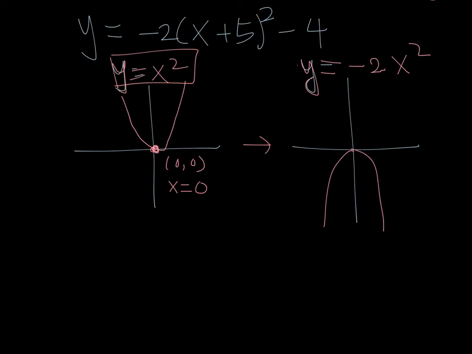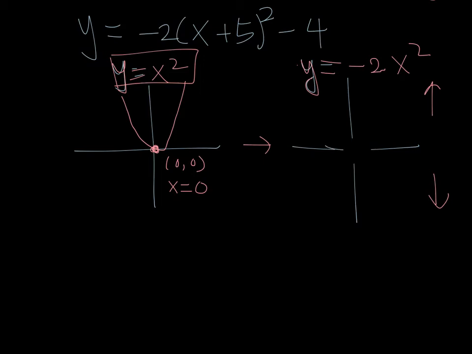In this case, our vertex is still at 0, 0, and our axis of symmetry is still at x equals 0. But what happened was the 2 showed up. And remember, the 2 is a vertical stretch, and what did I say about the 2? It pulls the graph up and down like that. So if we pull this parabola up and down like this, what's going to happen to the parabola? Well, it's going to get skinnier and taller.